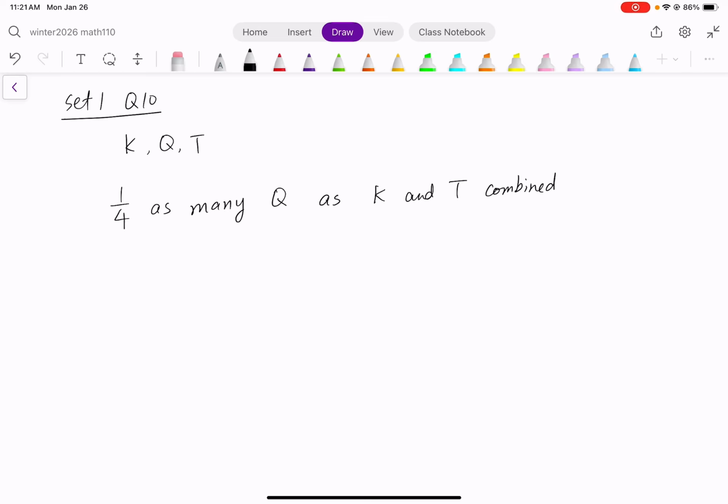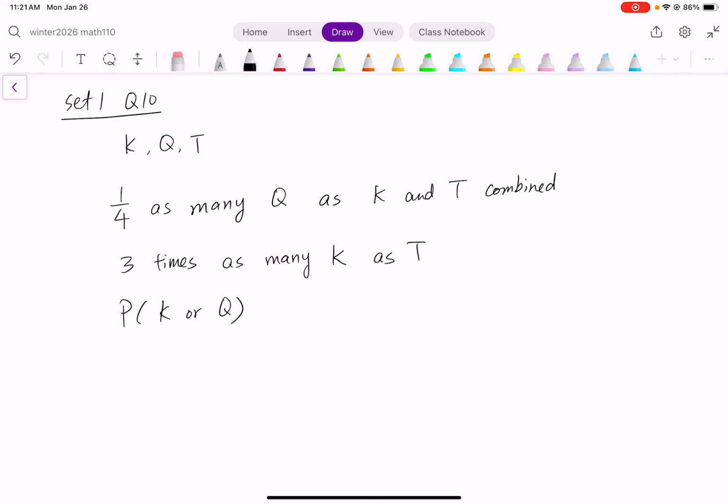And records also indicate that 3 times as many king size mattresses are sold as twin size. 3 times as many king as twin. What is the probability that the next mattress sold is either king or queen?